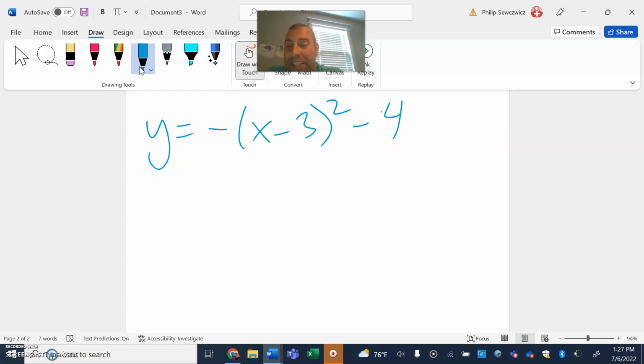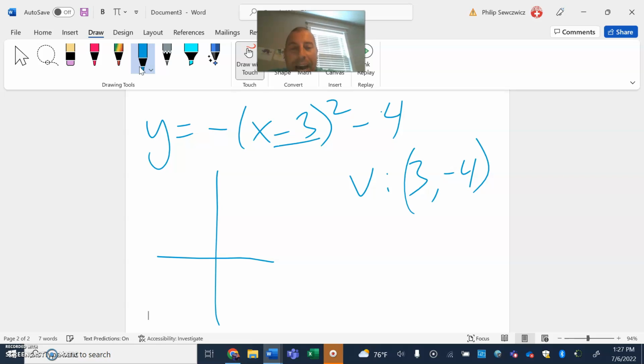So when I graph this particular one, I can see right away my vertex is at 3, -4. And again, opposite, there's your positive 3. We're going to use y, so there's my -4. So 1, 2, 3, 1, 2, 3, 4, so somewhere right around there.